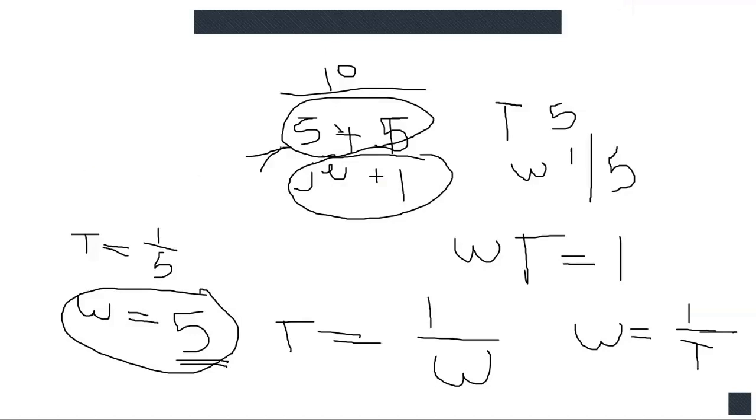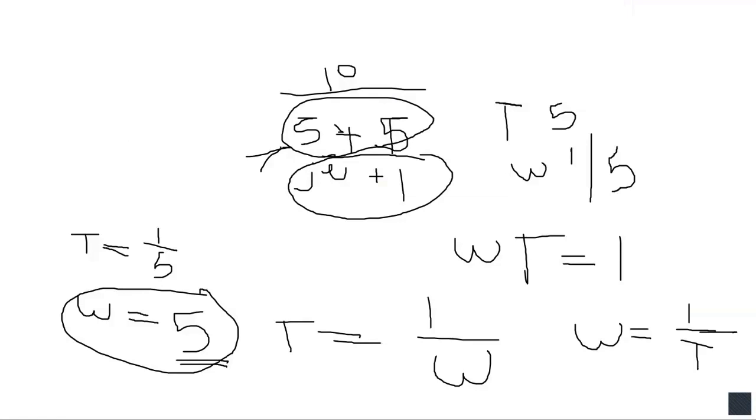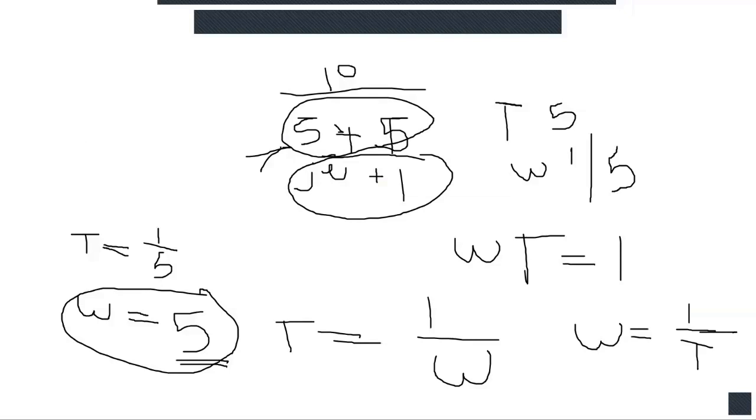Suppose you have 3 frequencies, 1, 3 and 5. You will forget about the factors right now. We have 3 different frequencies because time constants were 1, 1 by 3 and 1 by 5. So frequencies that we calculated, the reciprocal of the time constant, are 1, 3 and 5.